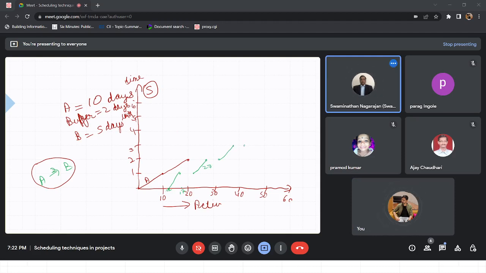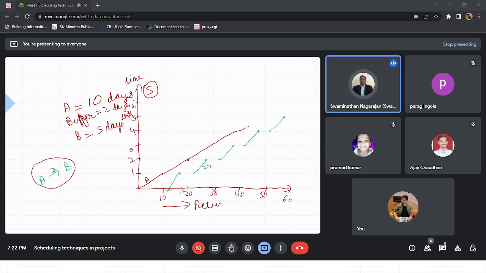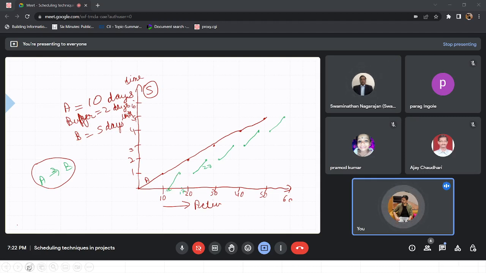So similarly, if you keep on drawing, it happens for each. So what is the problem? I mean, there must be some problem, right? What is happening is that each time you have to employ one crew for B, then you have to release that crew again, then you have to employ it.